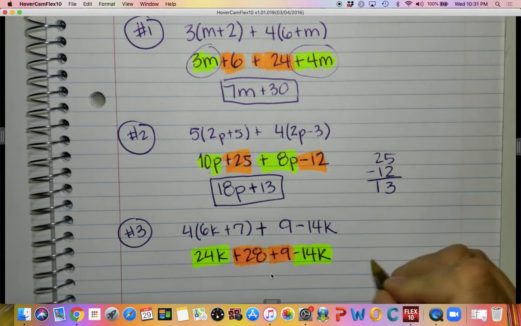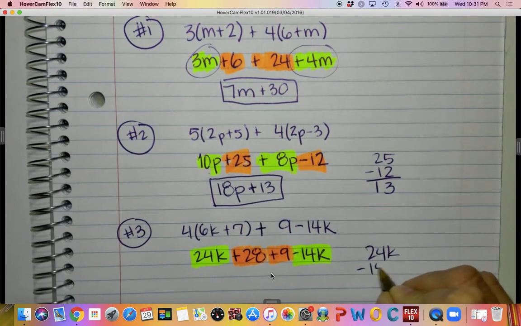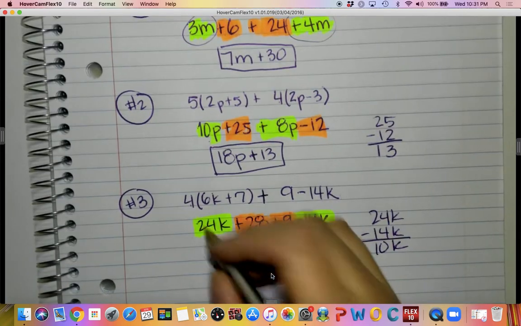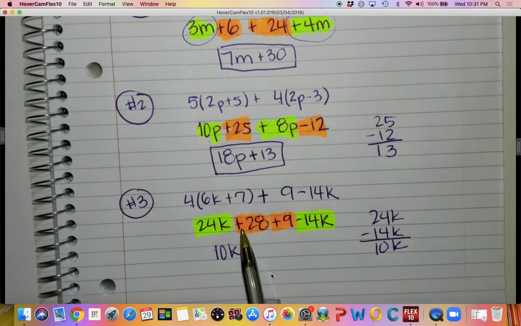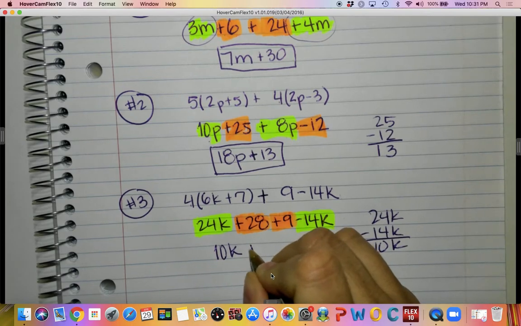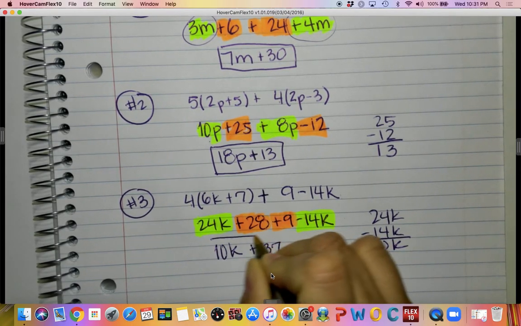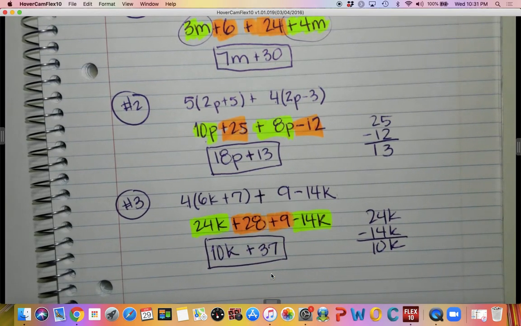So I'm going to take 24k and subtract 14k, and I'm going to get a positive 10k. So 10k, and then I'm just going to add my two numbers together, which is going to be plus 37. And again, I cannot go any further.